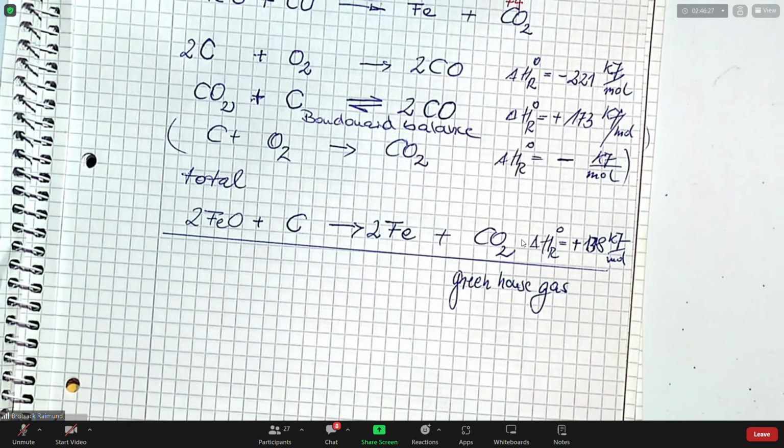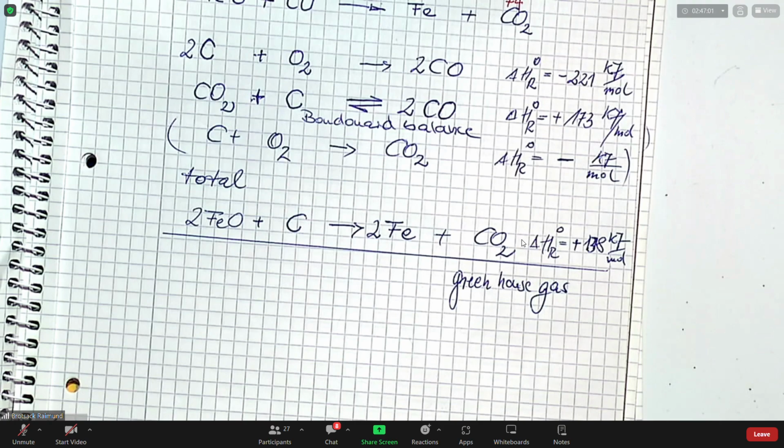So now think about what can we do to replace carbon in the steel industry for the reduction of the iron oxide. So we need another element. Yes, hydrogen. Very good. If you use hydrogen, the hydrogen gas is oxidized, it forms water to produce iron.